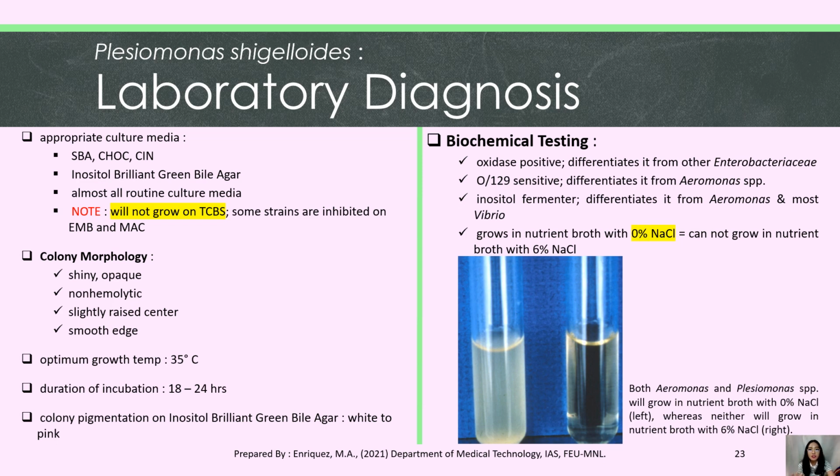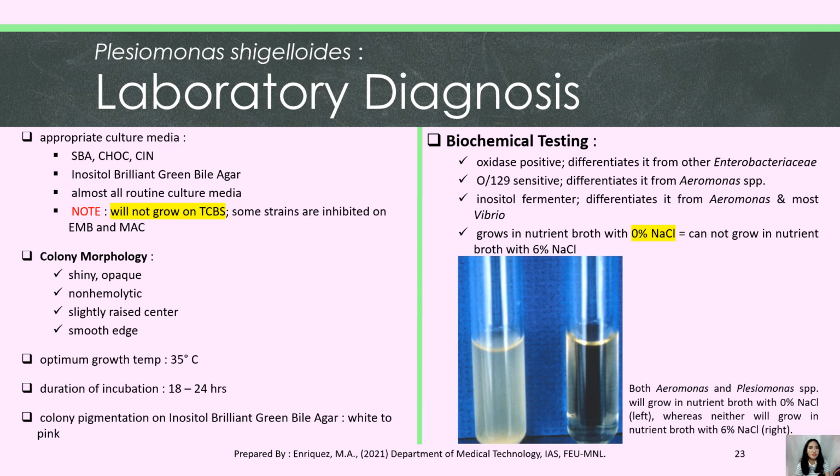And finally, as shown here on the photo to the right, Plesiomonas shigelloides will thrive in a nutrient broth with 0% salt, but it will not grow on the same broth that has an added 6% sodium chloride. Okay, so do take note though that the same is true for Aeromonas.